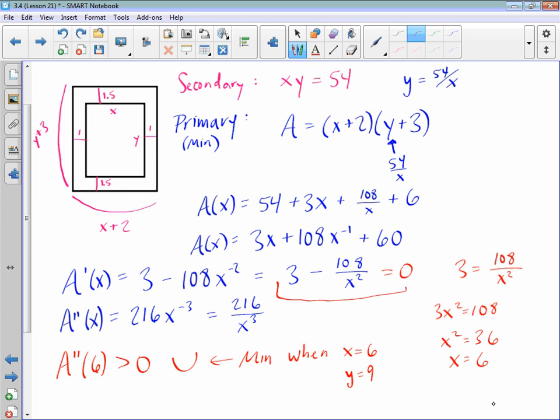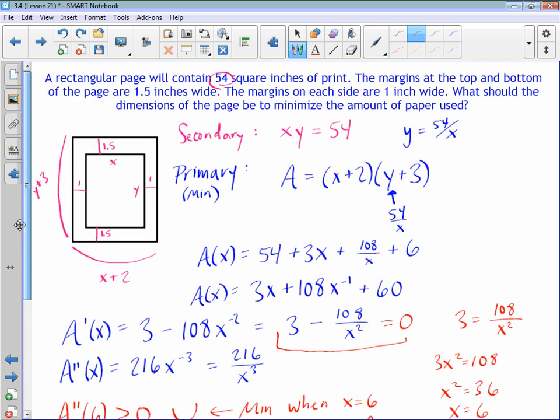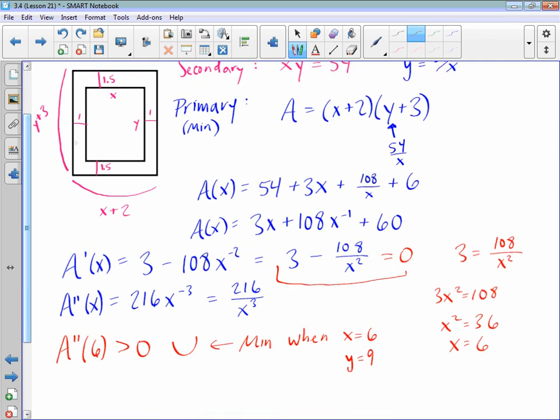Now that's not what the question's asking, so we got to go back and read the question here. So it says, what should the dimensions of the page be? So I know my x and my y. Is that my page? No. What's the whole length of this side going to be? x plus 2, so that's going to be 8. And then the y plus 3 is going to give me 12.